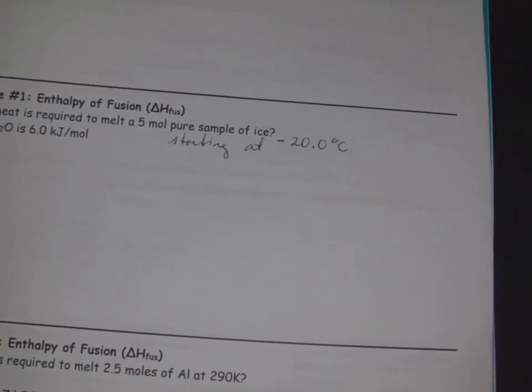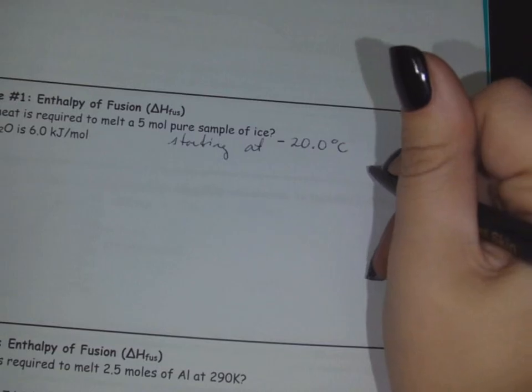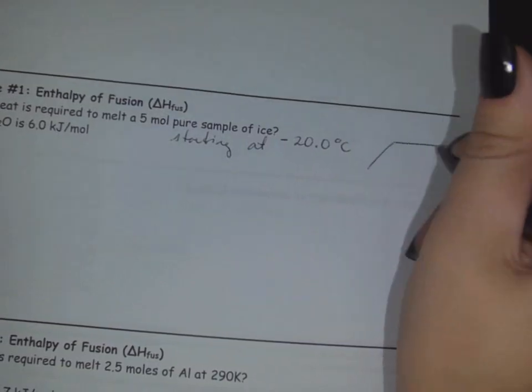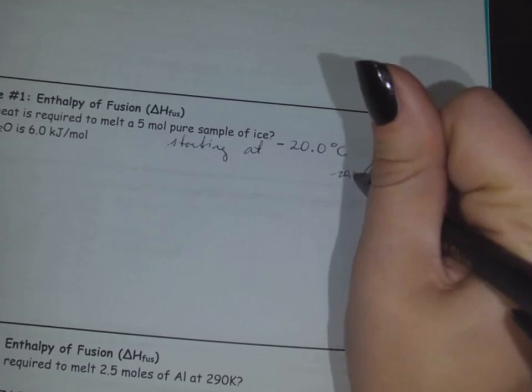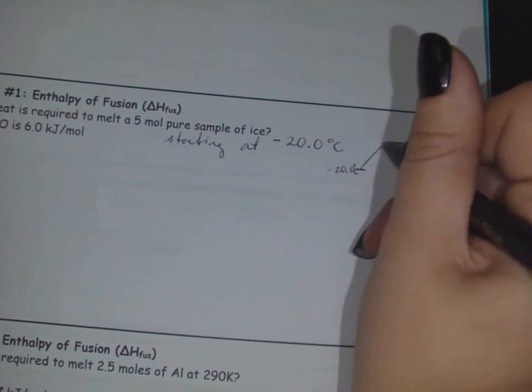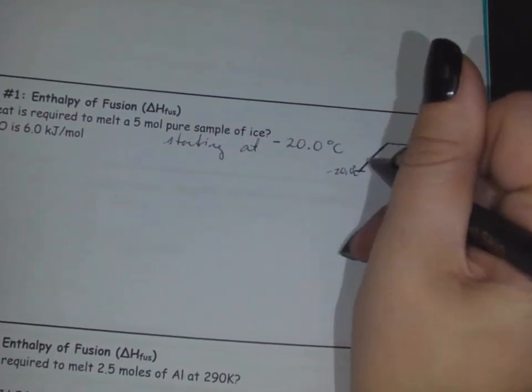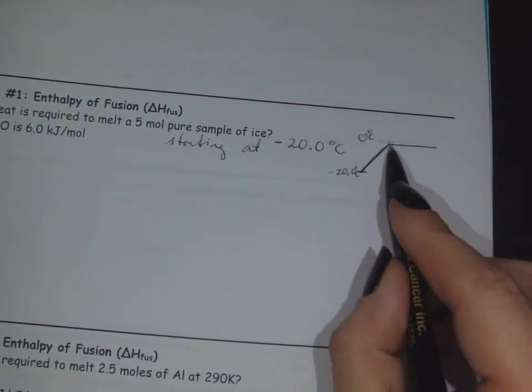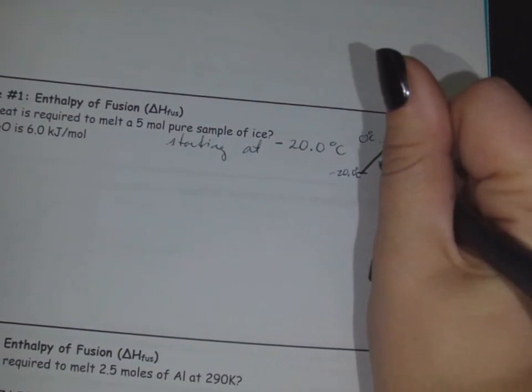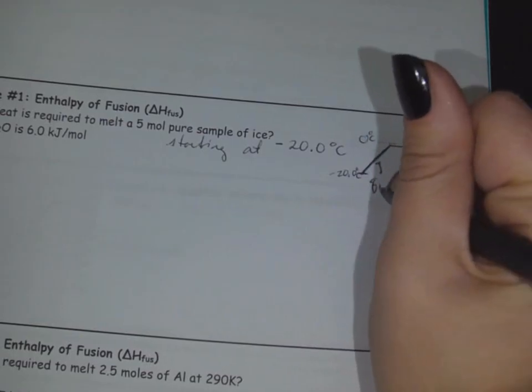So if I think back to that phase change diagram, what I am saying is we're going to start at negative 20 degrees Celsius, and we need to add energy until we get to 0 degrees Celsius, and it's going to start melting. I'm going to call this Q1.